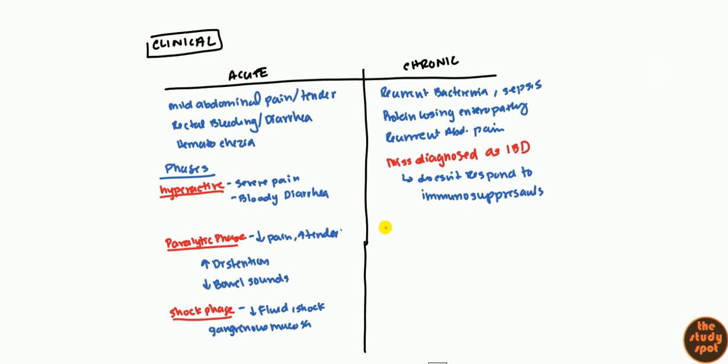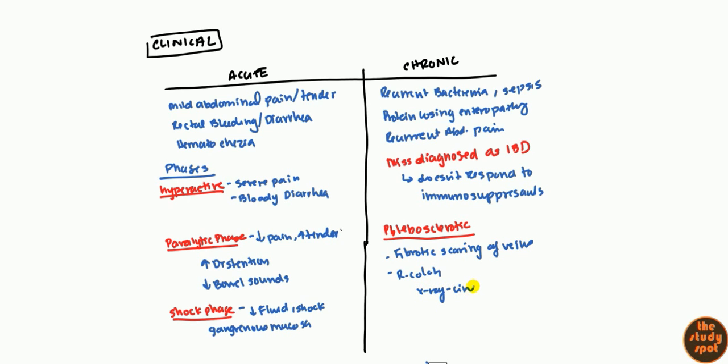Also, there's a specific type called sclerotic colonic ischemia, and this is basically due to the veins having fibrous scarring, and it's generally found in the right colon. When you have this fibrous scarring of the veins, it eventually occludes until you don't have blood flow, and that can lead to chronic ischemia of the colon.